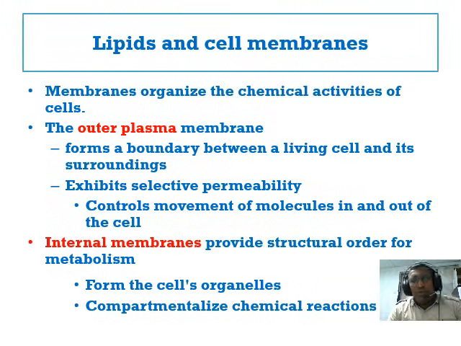Next, we move our attention to the contribution of lipid to the cell membrane. First, we look at what is cell membrane. Basically, the cell membrane is made of lipid bilayer, and as this slide referred, the outer plasma membrane will cover the whole perimeter of the cell, and then you have the internal membrane that covers the organelles.